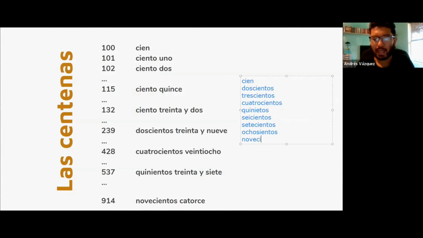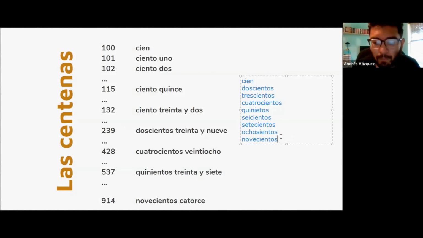And then with 900, we have a slight spelling change. So instead of nueve, we pronounce it and we spell it out as nove, no, 900.